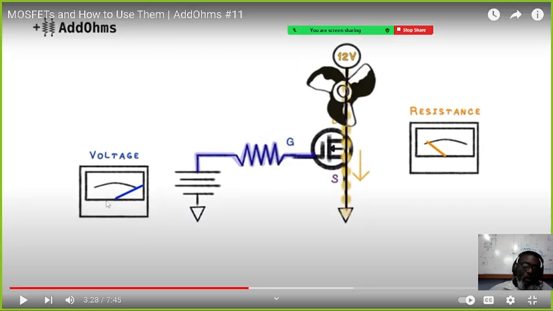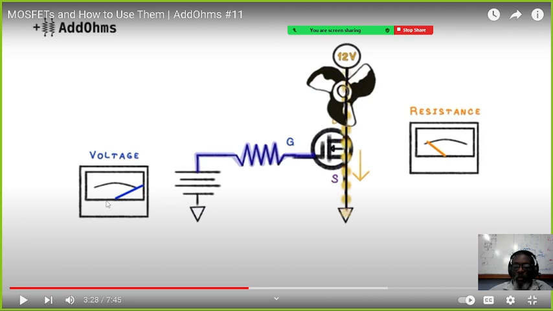So the voltage that really causes it to turn on is known as a threshold voltage. You understand? When there's no voltage, the resistance is very high, or it acts like an open circuit.